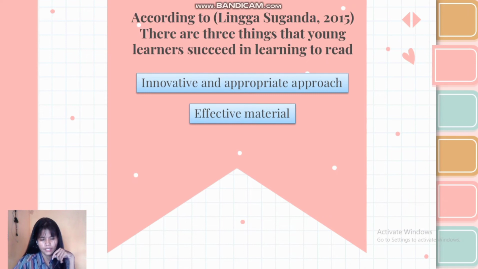And the second thing is effective material. Teachers can use picture books to teach, because young learners really love to see the pictures while they learn.